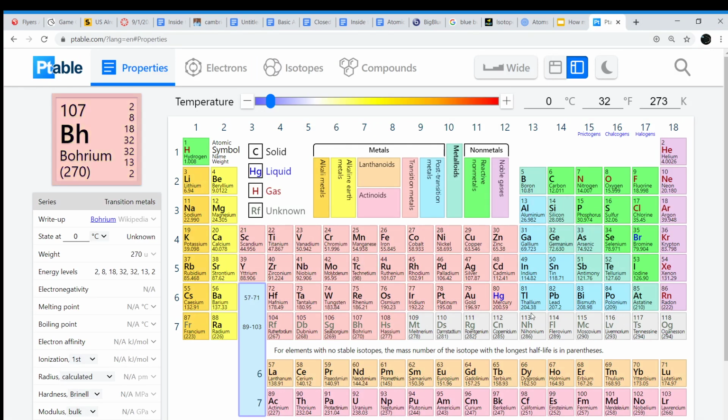This goes right back to the periodic table. On the periodic table, it's going to put this number up high, and you'll also see the mass number down low. So if you have any doubts, compare it to the periodic table, and the periodic table will help you out as well.